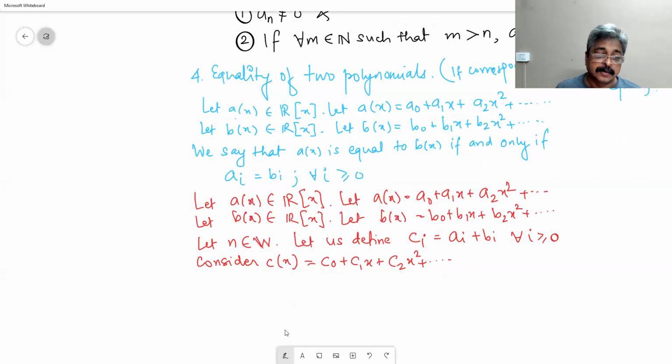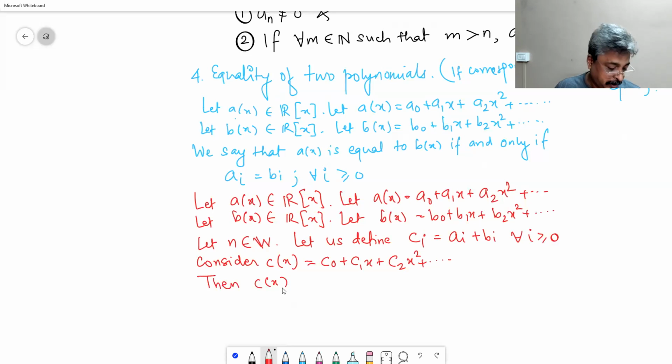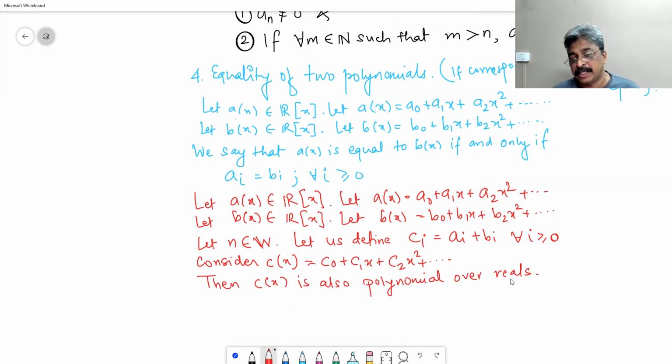Then c of x is also a polynomial over real numbers. Instead of real numbers, we can say reals. So this is the theorem.